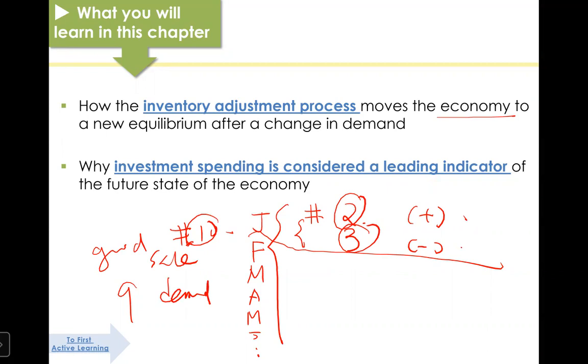This good sales and strong demand come from the decline in inventory. That tells us we want to keep our inventory up by adding more investment or by expanding our production. So this is one scenario.